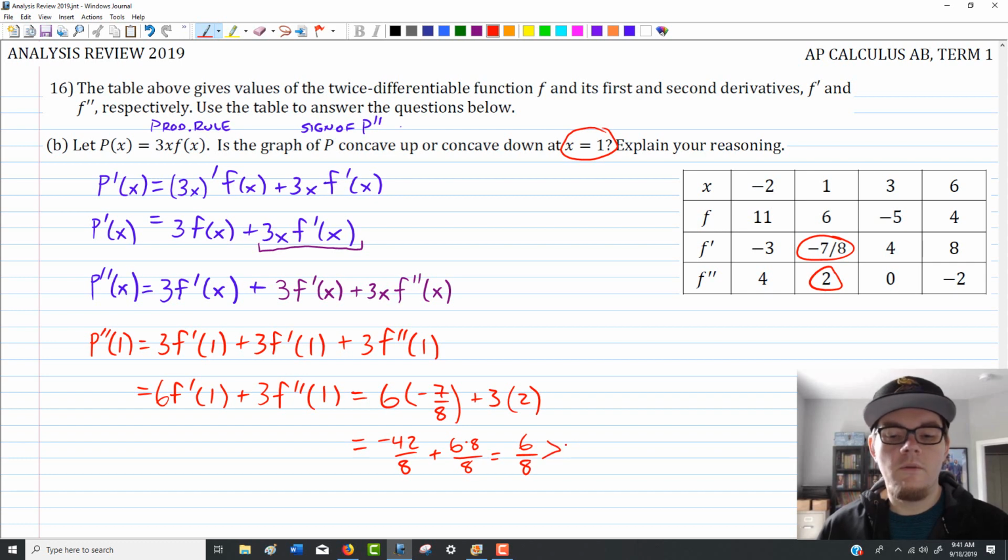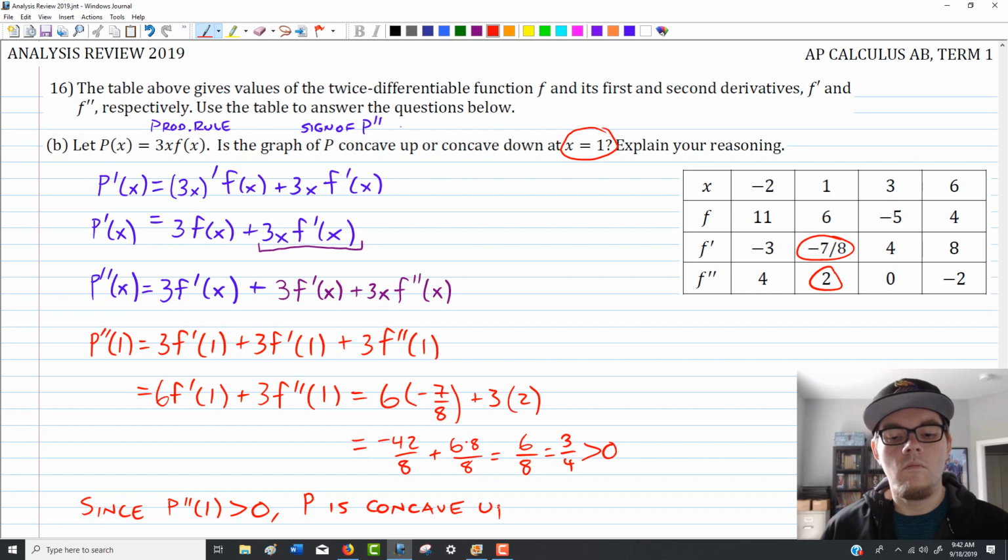Now 6 over 8, or 3/4, yeah, I'll simplify it. 3/4 is clearly positive. So we can say here that since p double prime of 1 is positive, p is concave up at x equals 1.